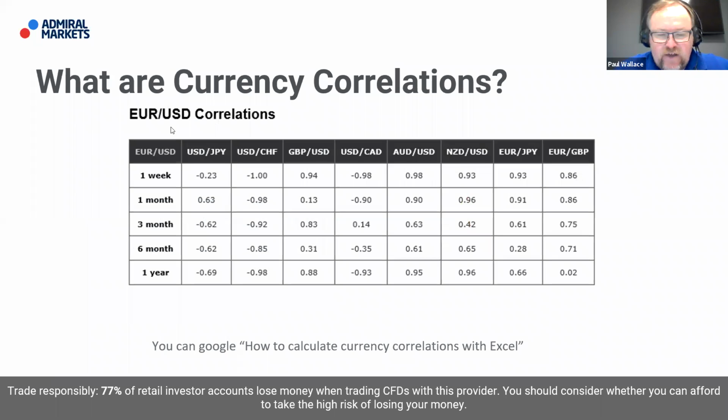So here is an indication of the euro against the US dollar and the correlations that it has there. If you wish to go into how to create them yourselves, you can Google how to calculate currency correlations with Excel.